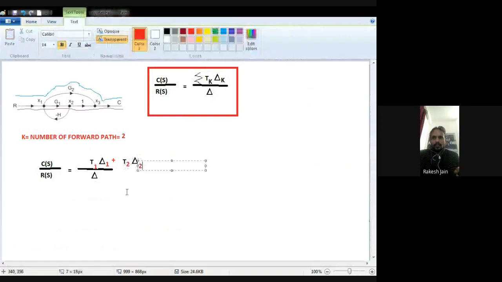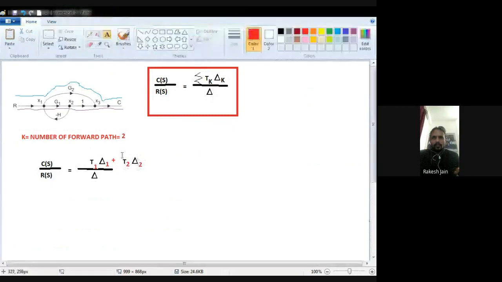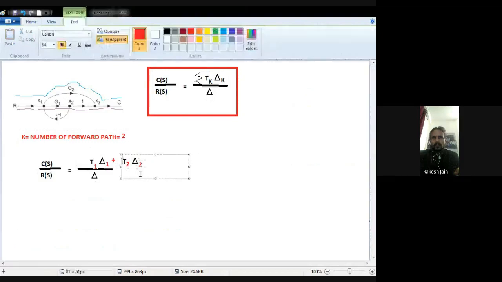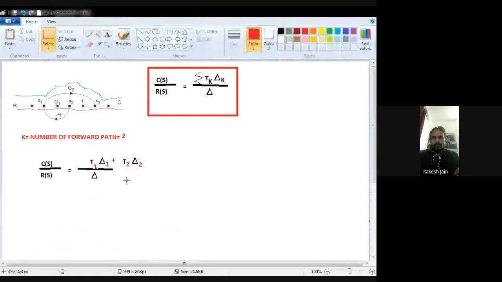Okay, now see, because k is equal to 2, one is for T1, one is for T2, one is for del 1, one is for del 2. Okay, T2 and del 2.